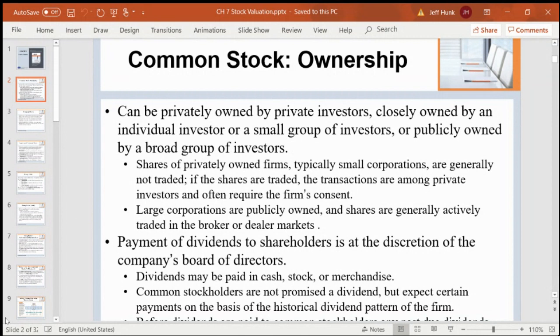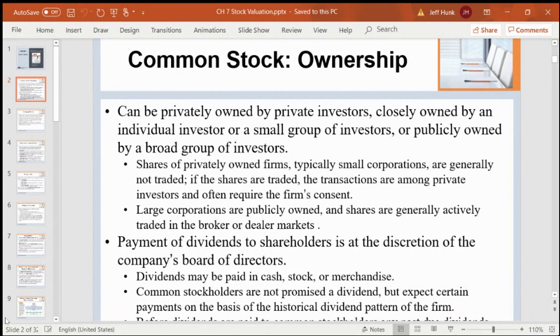there are primary and secondary markets, right? Depending on what stage of life the stock is in. The primary market is like a virgin journey, the first voyage. The first time the stock is issued by the company and sold in the market, that's called the primary market.